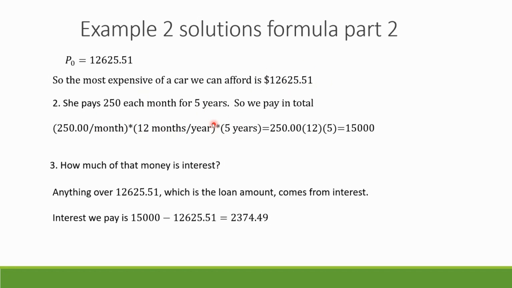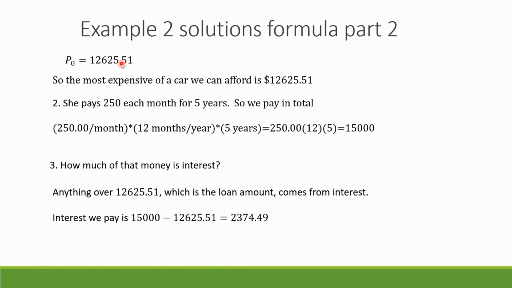The payment is in months and this is in years, so this handles months and years, just like the factor label method from the beginning. This product turns out to be $15,000. She ends up paying them $15,000.